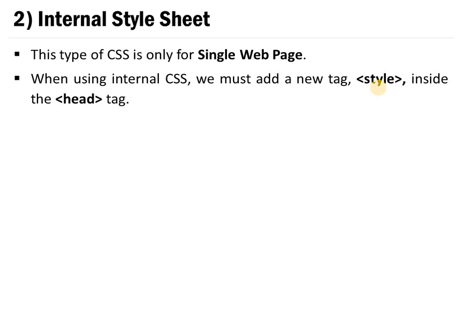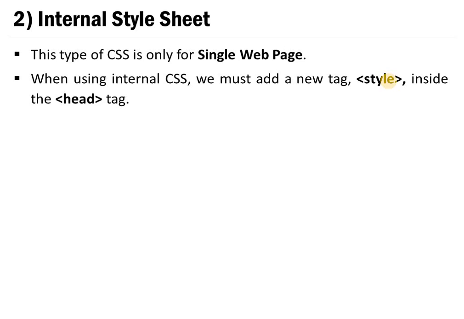That means whatever you write inside this style tag will be applicable to the HTML elements of that page only. For example, I have my home.html page, and inside the head section in the style tag I have applied some CSS properties.